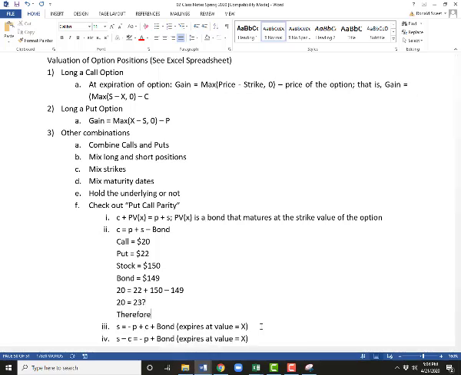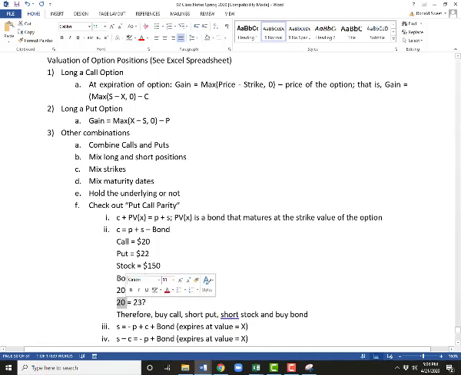Therefore, you buy the call, you short the put, you short the stock, and you buy the bond. And if you do that, you have something that will give you $3 today, right? Because this will cost you $20. This will give you $23.